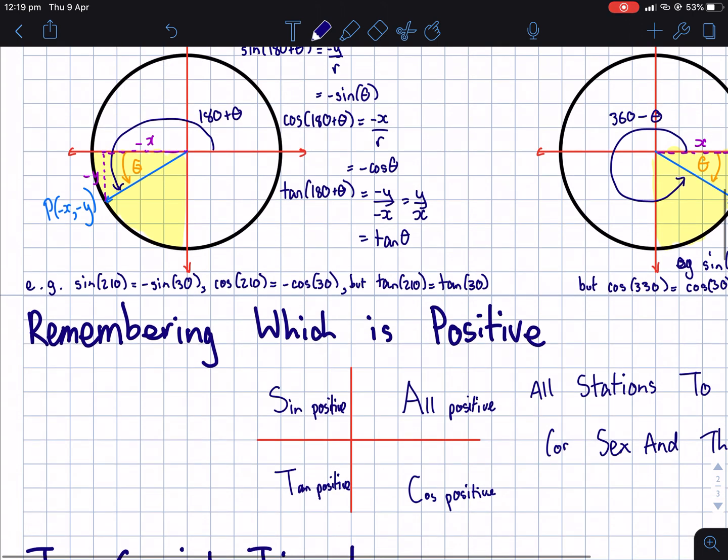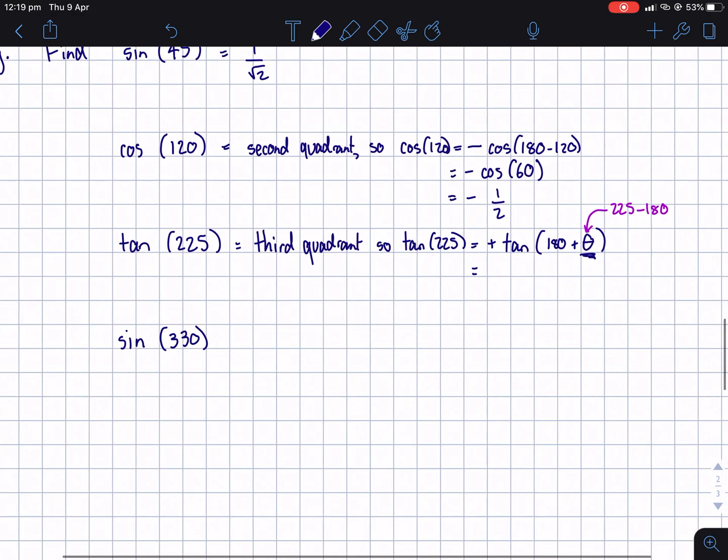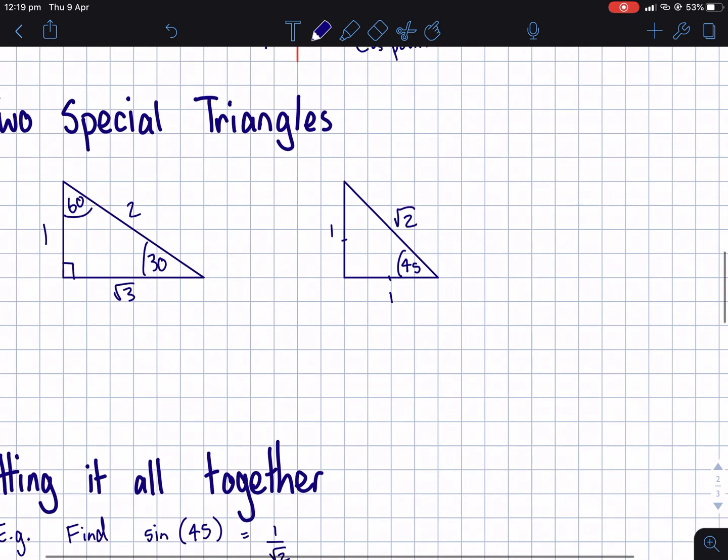Really, I should have written theta take 180. My apologies if you were writing this as we go. So this would be 225 take 180. So it's positive tan 45. And tan 45 is 1 on 1.